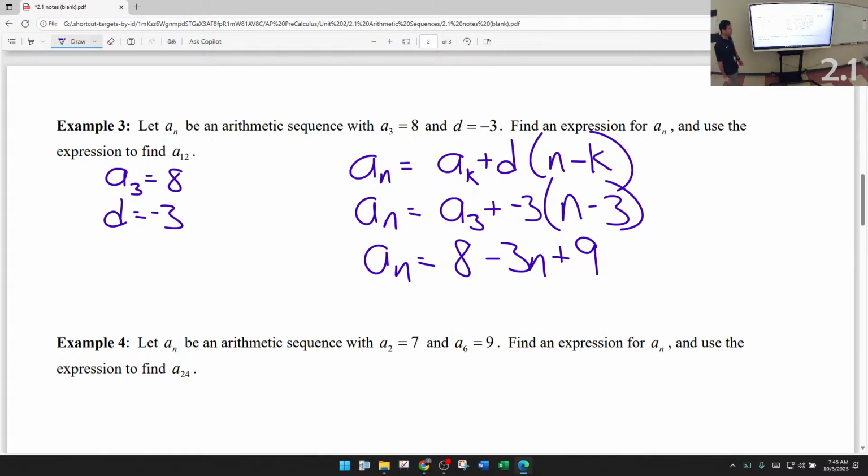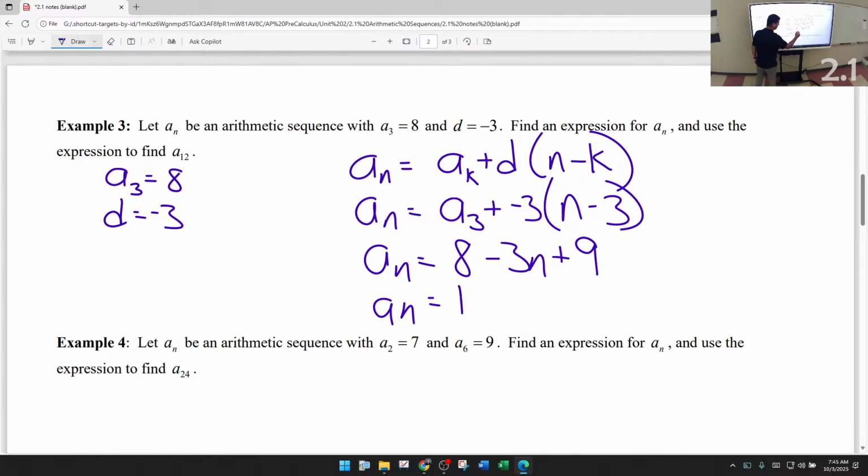Let's combine it a little bit better, and we'll say A sub n is equal to... They don't care if you want to do 17 minus 3n or minus 3n plus 17. Doesn't matter. It says the same thing. They're not nitpicky about that.